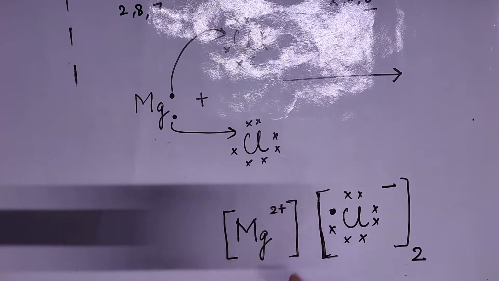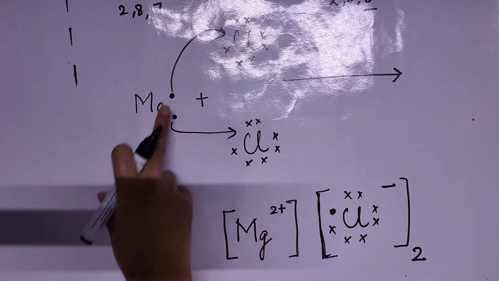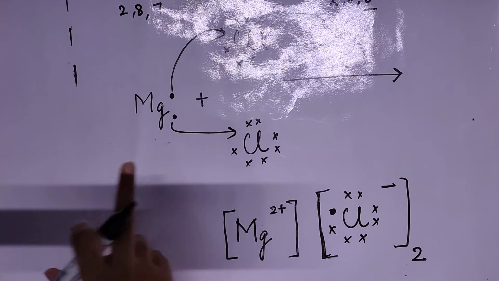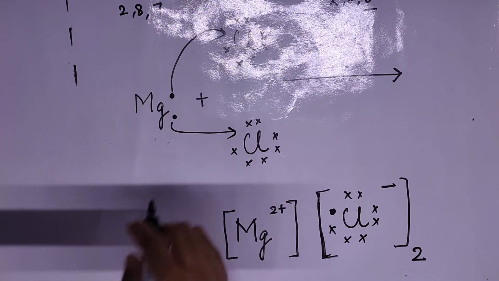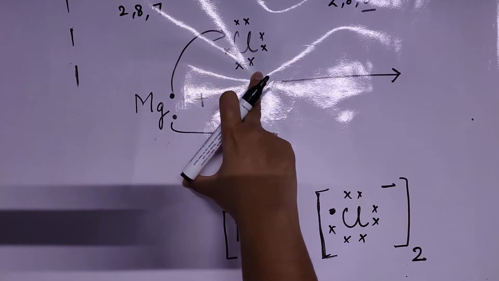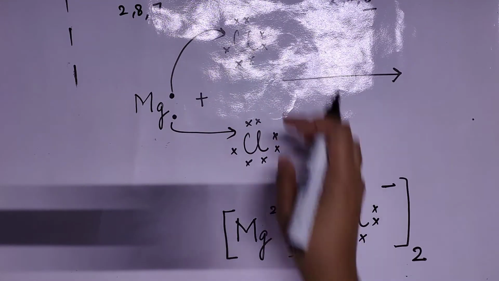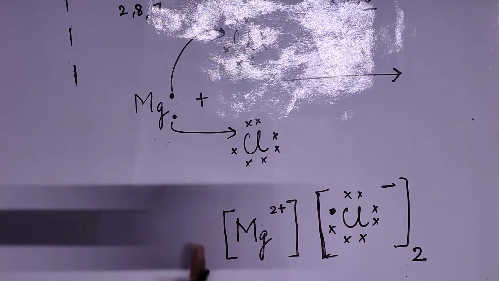Both of these chlorine atoms require only one electron to attain octet. One magnesium atom is ready to lose 2 electrons because it has 2 valence electrons. So this electron will be gained by one chlorine atom, and this electron by another chlorine atom, and that is how we get 2 chloride ions.